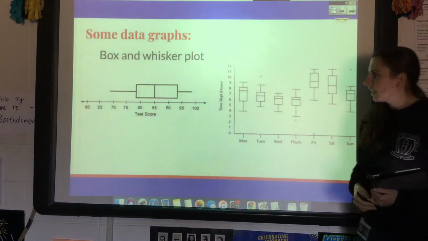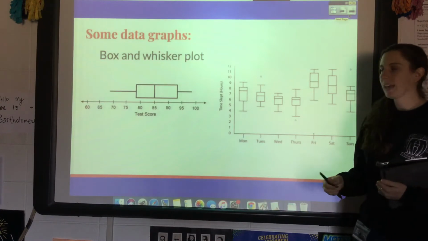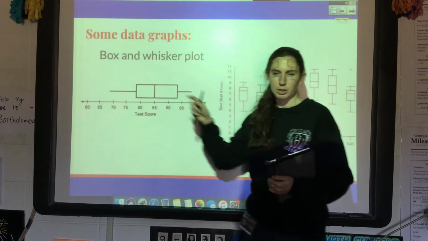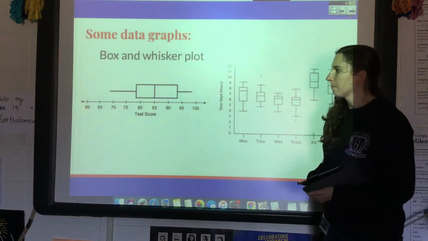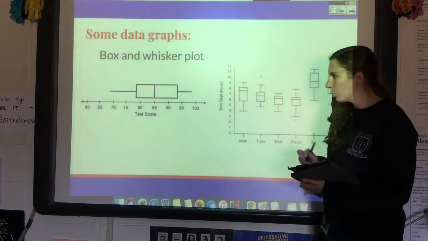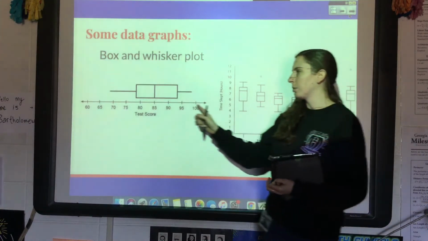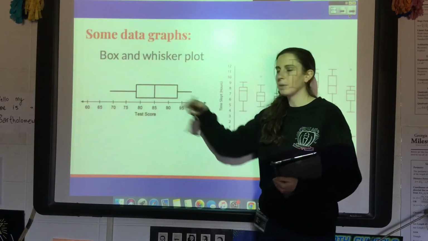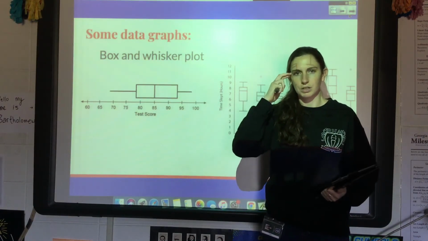All right, and then lastly we're going to talk about box and whisker plots. It's called that because you've got a box and maybe some whiskers. Sometimes people just put the box. So sometimes it's just called a box plot. So what this really does is a box and whisker plot, you graph on a number line. And the reason we put a box here is because it's basically boxing the middle 50% of your data.